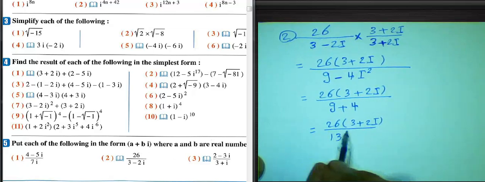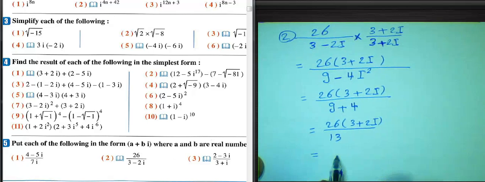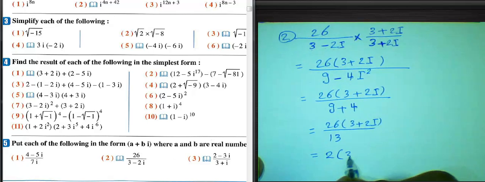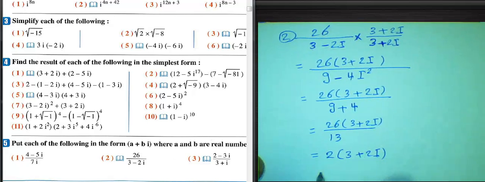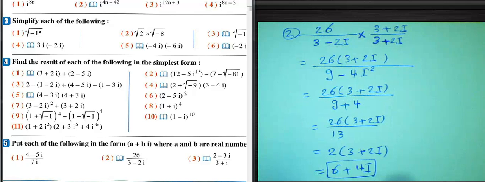We know 26 over 13 equals 2, so the result will be 2 multiplied by 3 plus 2i, so the result will be 6 plus 4i. We are finished. It's okay.